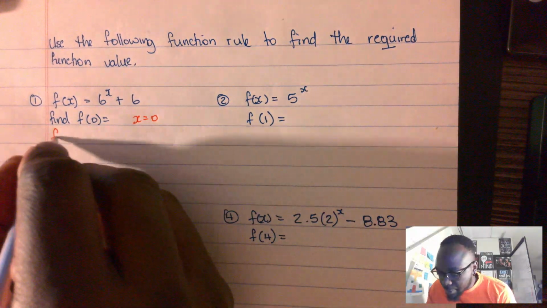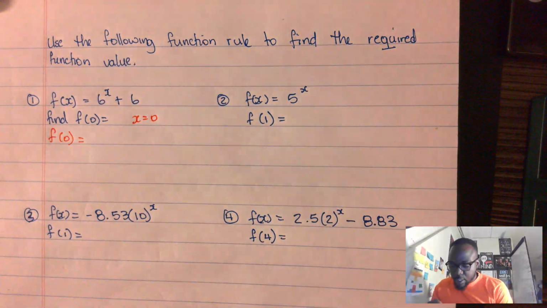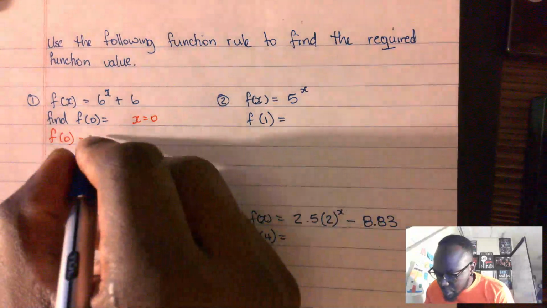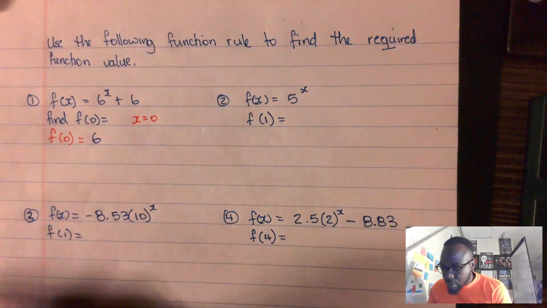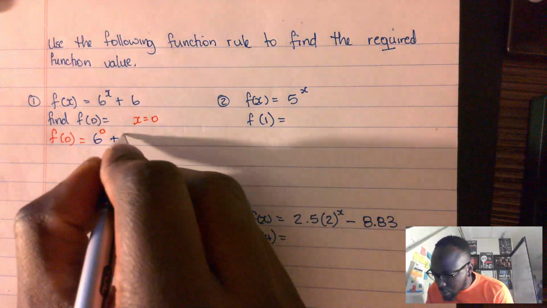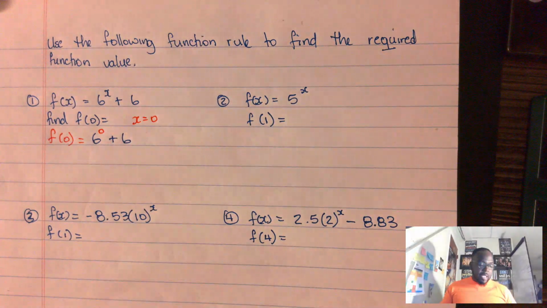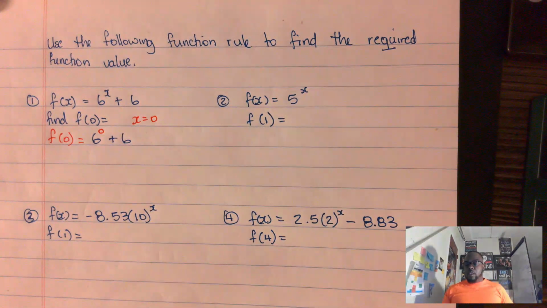So f of 0 is equal to, and I'm going to use a different ink so that you guys can see it, 6 raised to the 0 plus 6. Remember now, any number raised to the power of 0 is 1. You guys should know this by now.